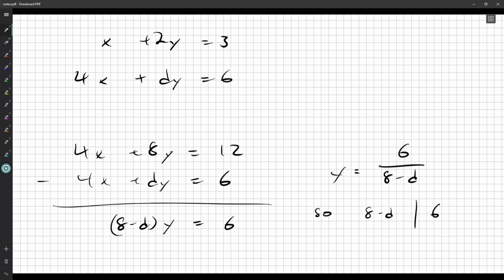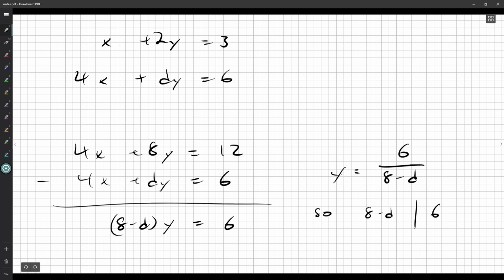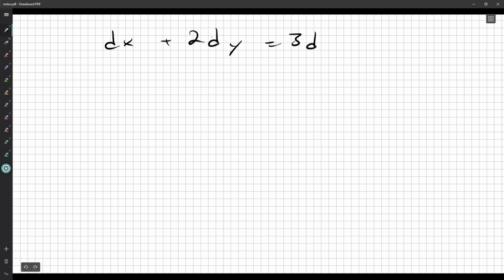Well, we could do the same sort of setup, but get rid of the 8 and get rid of the 2 and the d. So multiply the first equation by d, you'll get dx plus 2dy equals 3d. This is going to have a lot more d's, but it might be helpful for us. And then we'll have 2 times the bottom equation, so that'll be 8x plus 2dy equals 12.